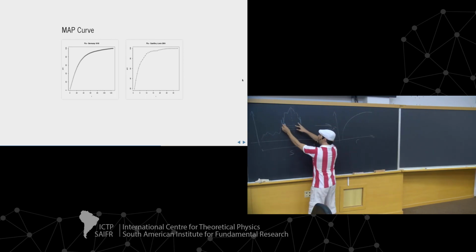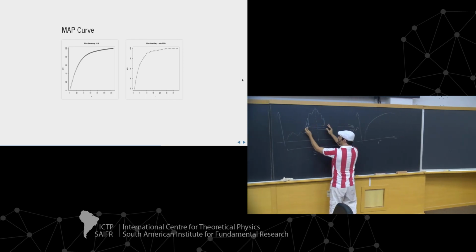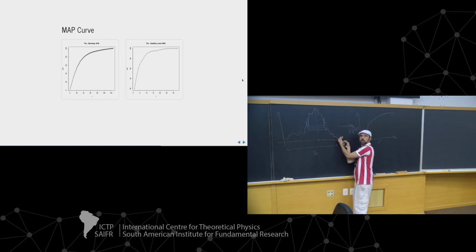Because once I start to increase my window size, I'm aggregating more and more weeks that are closer and closer to the baseline, be it before the observed peak or after the observed peak, right? So is it clear for everyone, right?